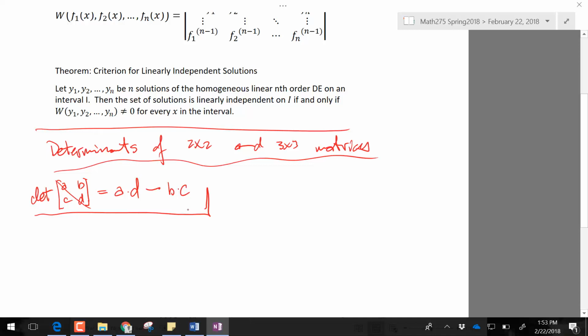Yeah, so the determinant of a 3 by 3 matrix can be done in a lot of different ways. The way I'm going to do it will be depending on a 2 by 2 matrix. So the determinant of A, B, C, D, E, F, G, H, I. And this process is called expanding on a row or column.